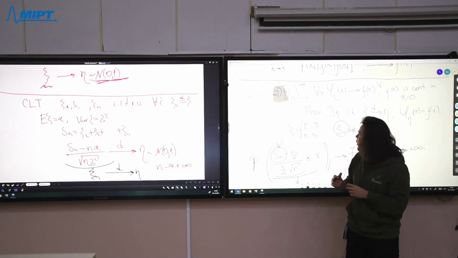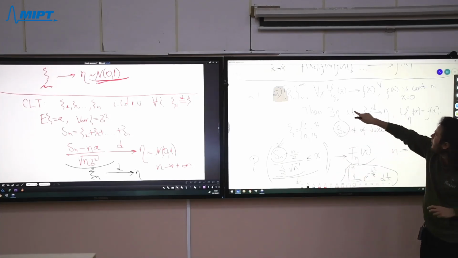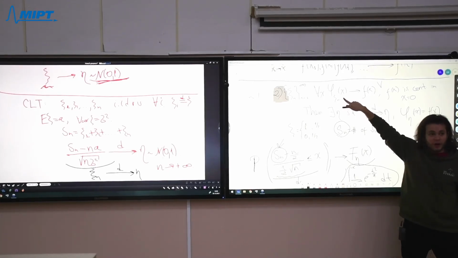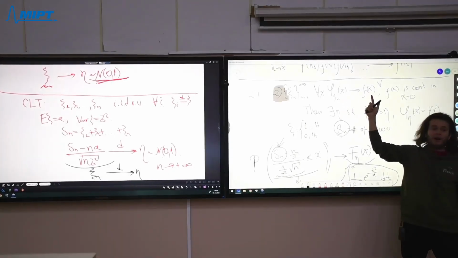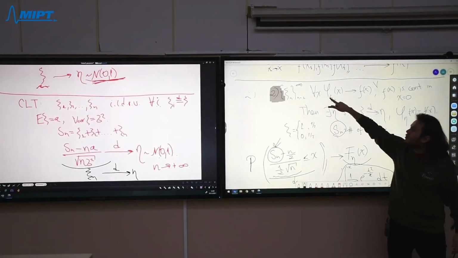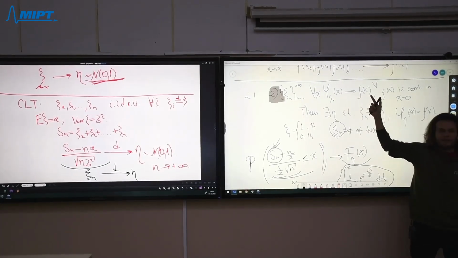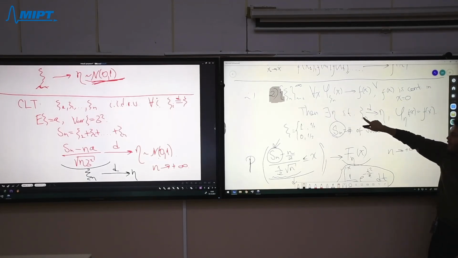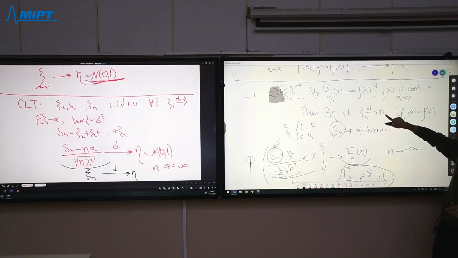Yeah, so look, what do we have here? If we know that some sequence of characteristic functions tends to some characteristic function, then the random variables tend in distribution to the random variable with the characteristic function that we obtain.